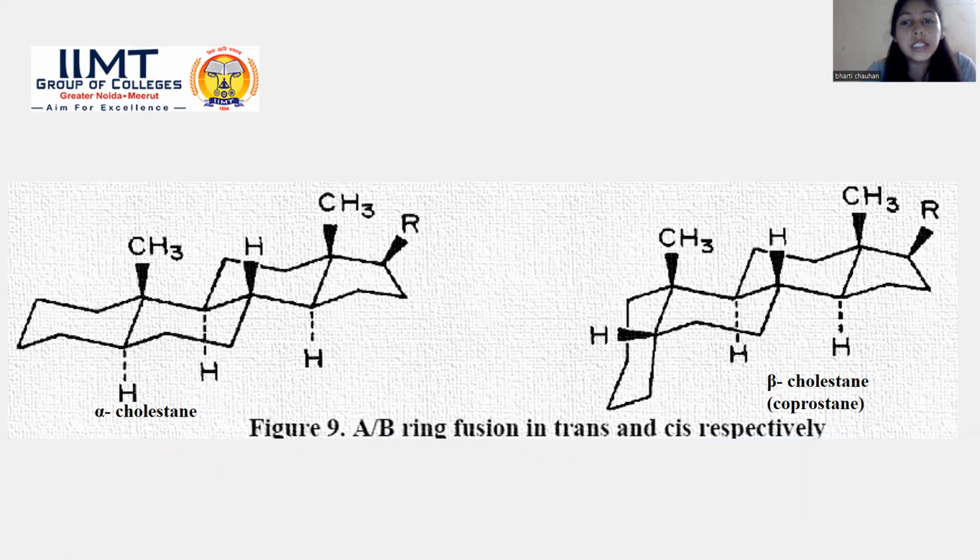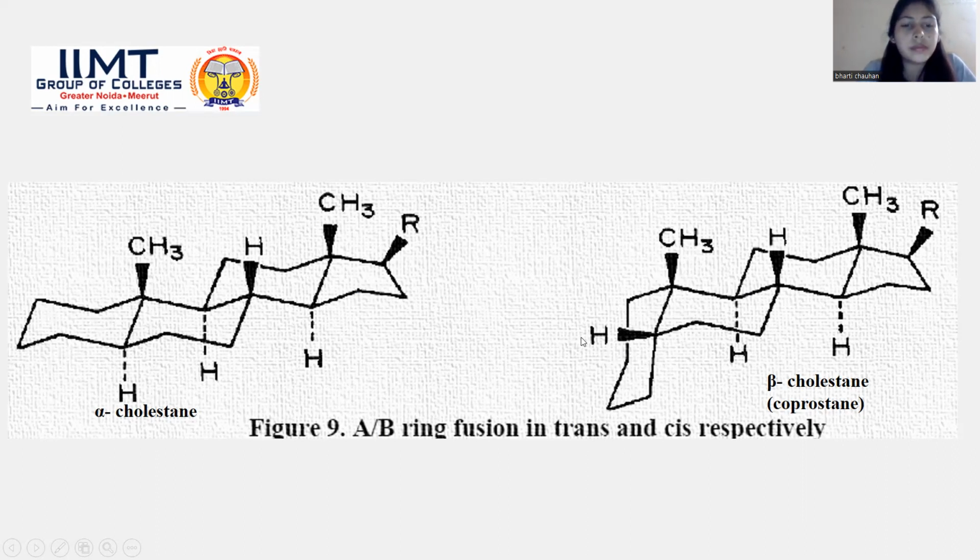See this figure: the hydrogen atom at carbon 5 has alpha configuration, while the carbon 19 methyl group has beta configuration, and this opposite configuration makes the A and B ring junction trans. On the other hand, when the groups are both above the plane and have the same configuration, they are present as cis.